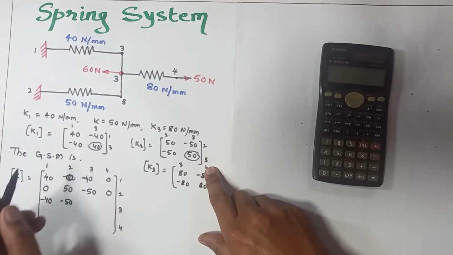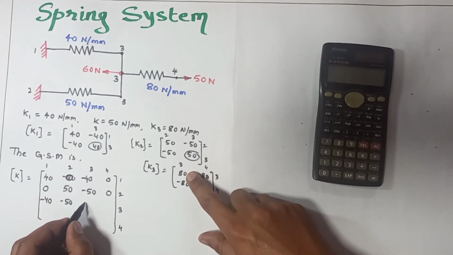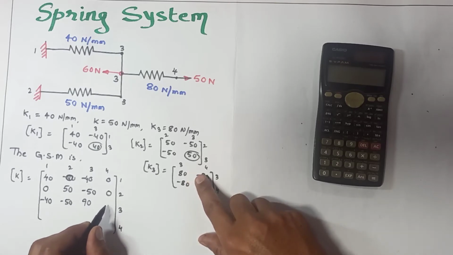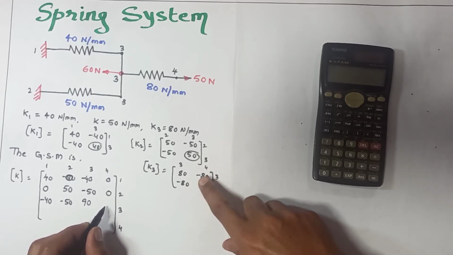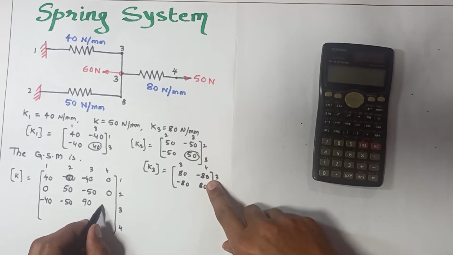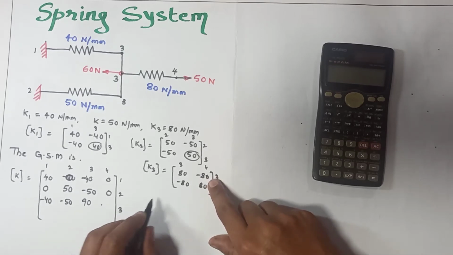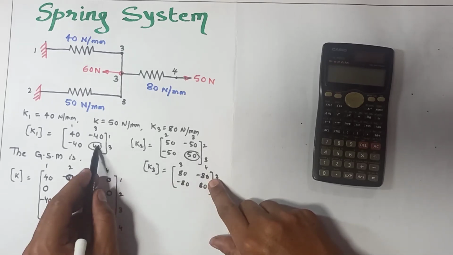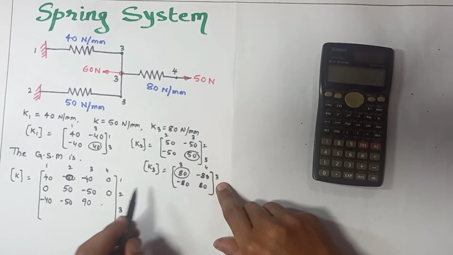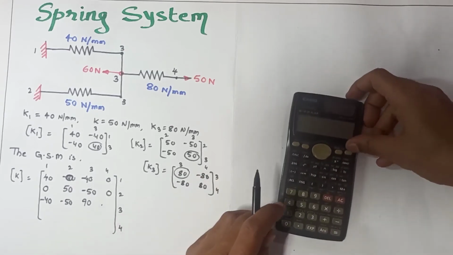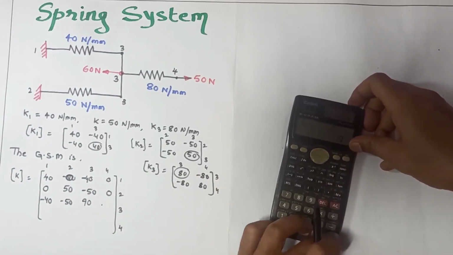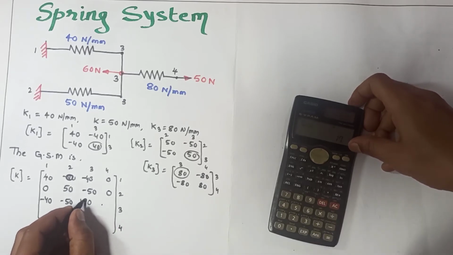And 3 3 again gets 80, so 90 plus 80 is 170.